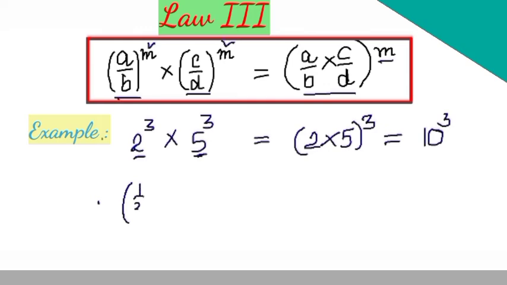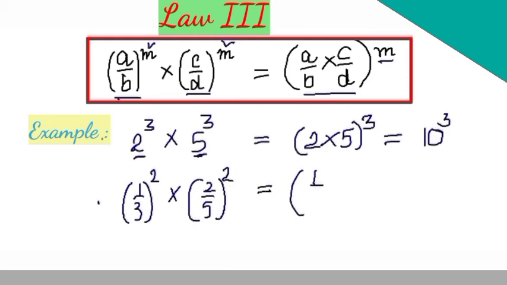If we have rational numbers like 1 upon 3 raised to the power 2, multiply, bases are different now, 2 upon 5 raised to the power 2, powers are same. Multiply the bases, 1 upon 3 multiply 2 upon 5 and power will be same.